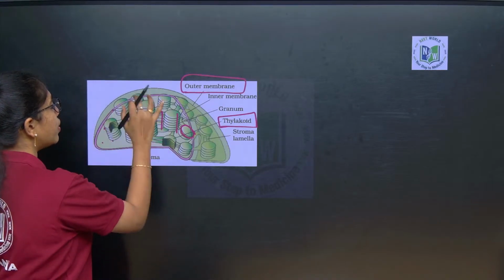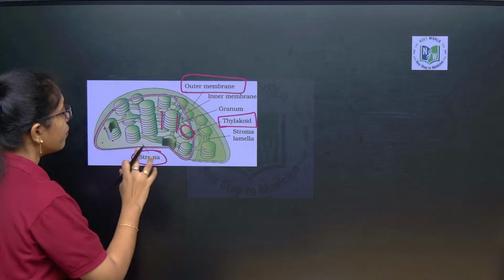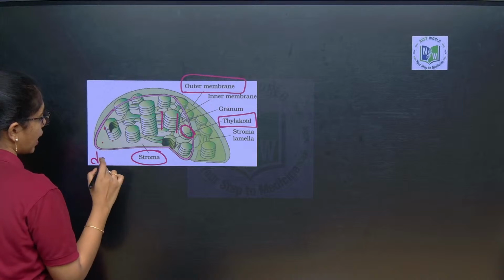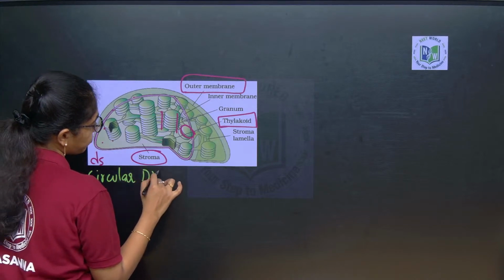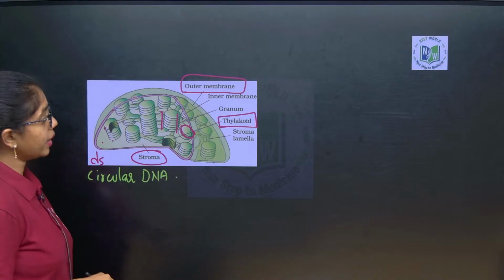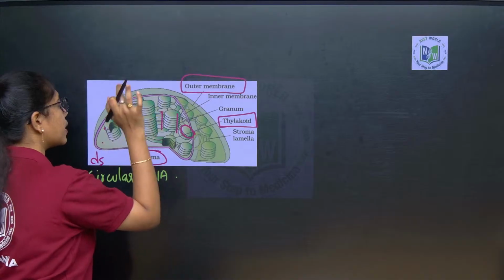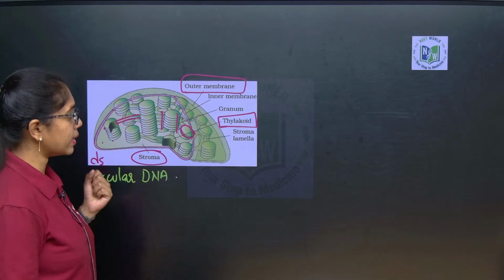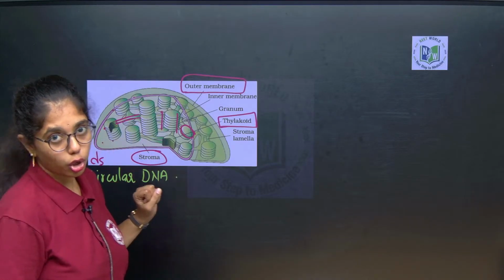And the fluid filled space is the stroma, where inside the stroma you can find a double stranded circular DNA. Clear? Understood? And one grana is connected to another grana by stroma lamellae. This is about chloroplast. Clear?